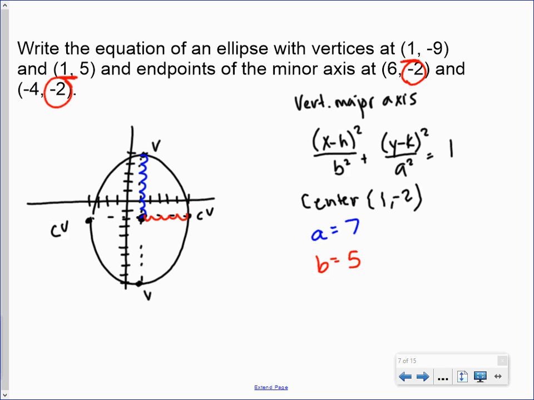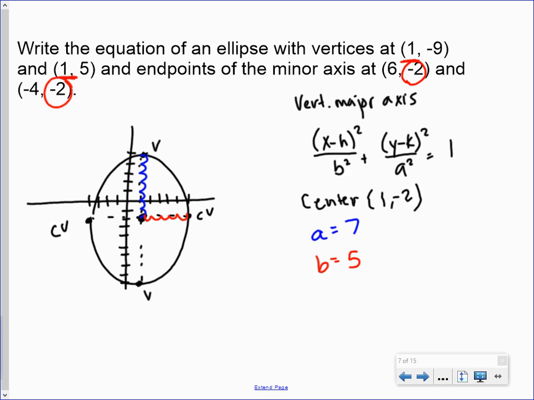There's other ways for you to get those numbers. You could have got that A was 7 when we initially plotted those two vertices. The distance from the point (1, 5) to the point (1, -9), that's 14 points. And then 14 divided by 2, 7, is your value of A, right?